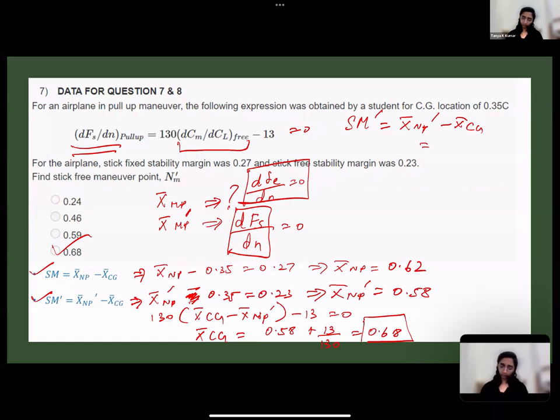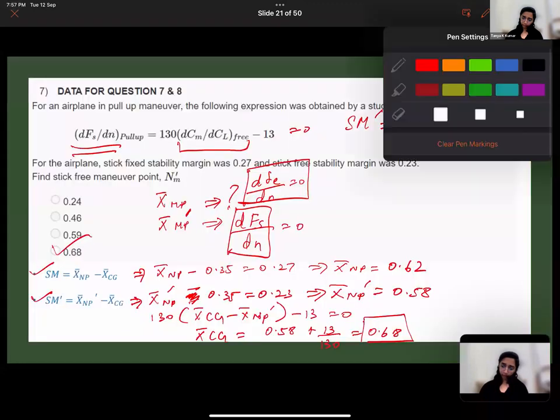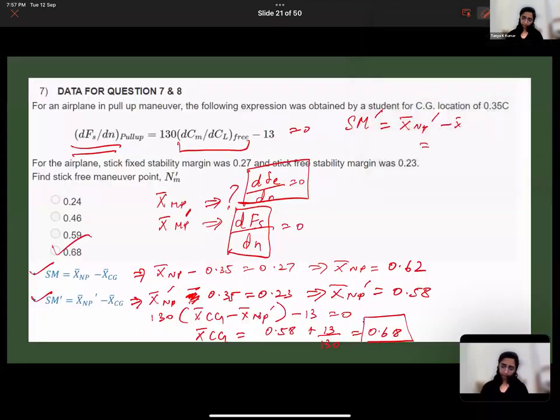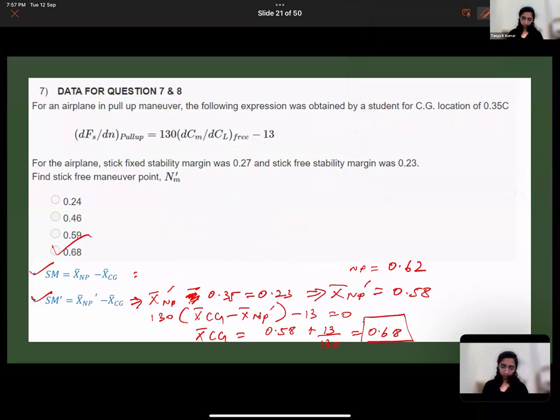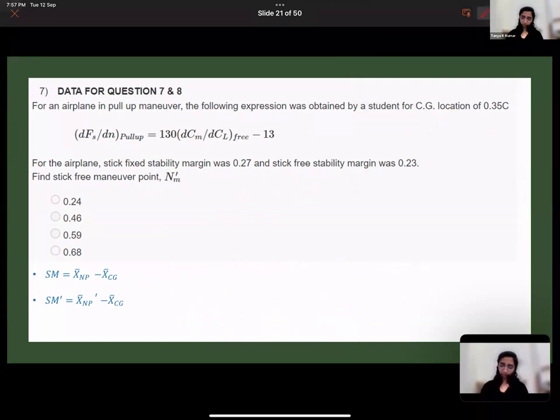Okay, let's just do it again. Let's erase this entire thing. We'll do it again. Okay. So first what we did, we used this equation. They've asked you for the stick free case.